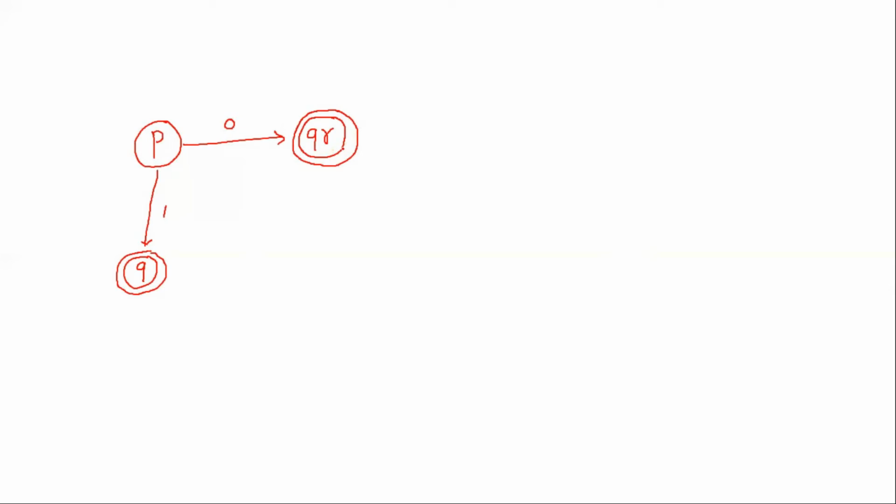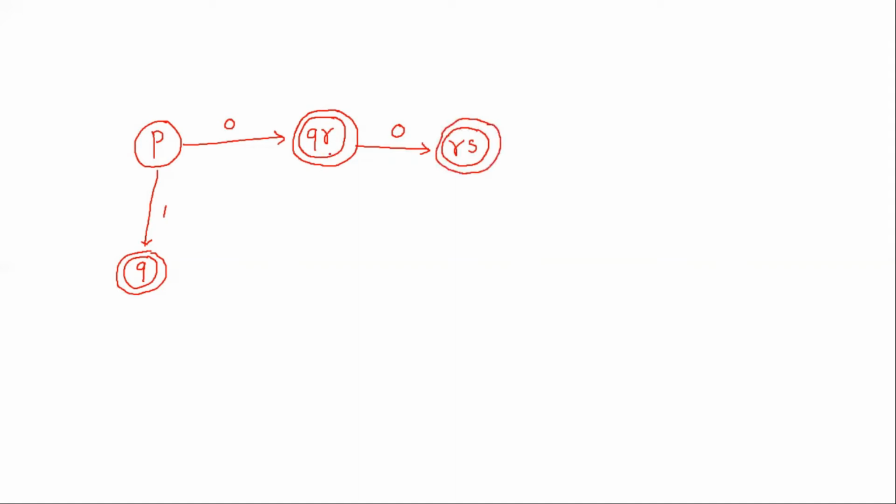Now Q state for the input 0 goes to R, and R state for the input 0 goes to S. So here we will add a new state for the input 0 as RS. Now this S is a final state for the given NFA, so this will be a final state for the resultant DFA.